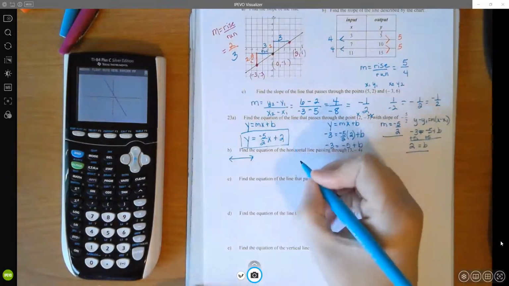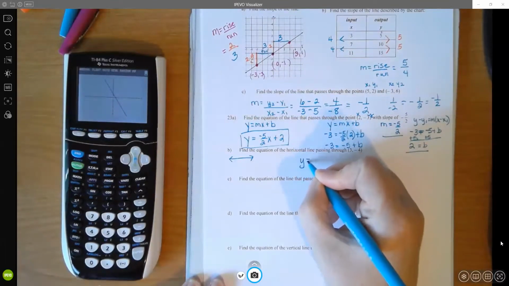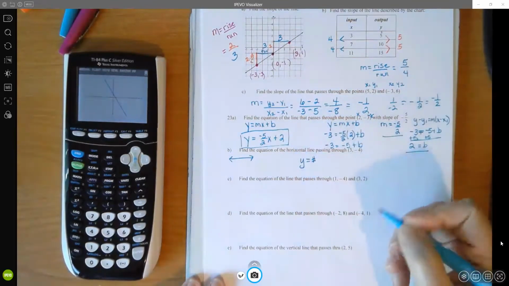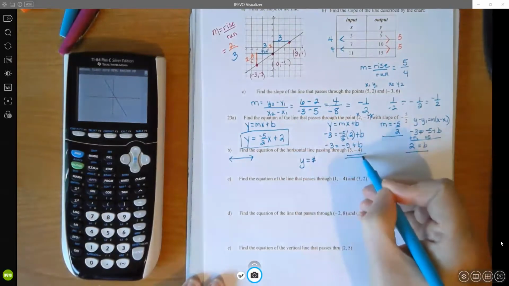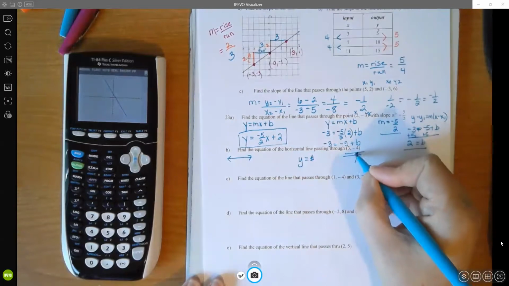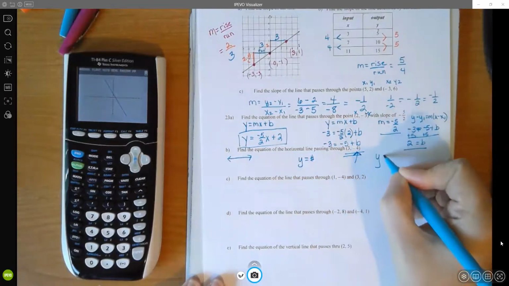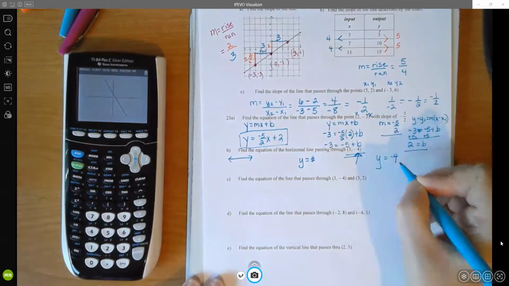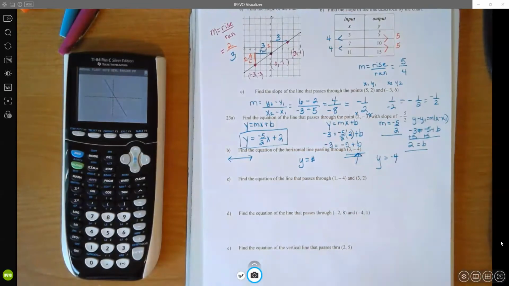So all horizontal lines are in the form of y equals a number. And since this is our point, and the y value would always be the same, the y value has to be negative 4.